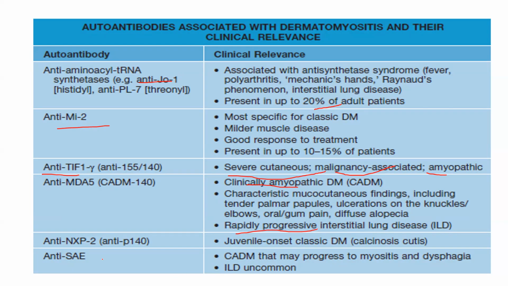We also have other autoantibodies like the anti-NXP2. This one is usually seen in juvenile-onset classic dermatomyositis, usually if a patient also has calcinosis cutis in the picture. Then the anti-SAE antibody. This one is also seen in classic adult dermatomyositis, and these patients tend to progress to myositis and also dysphagia.